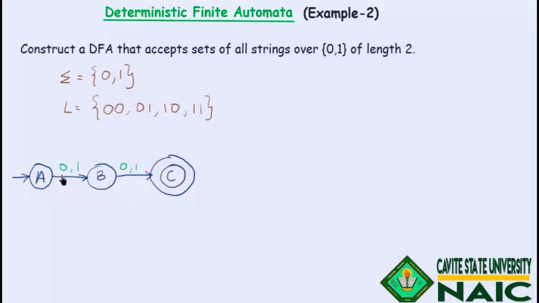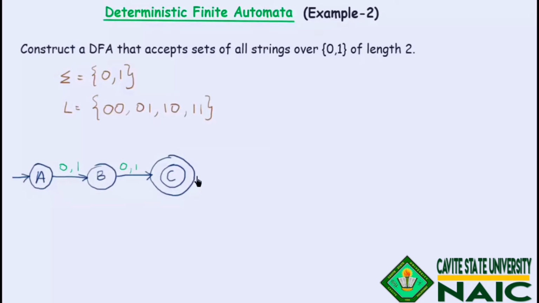But is this DFA complete? No, it's not complete. Why is it not complete? Because I already mentioned what happens if I get 0 or 1 input for A. I've also mentioned the same thing for B. But what about C? C is not complete.